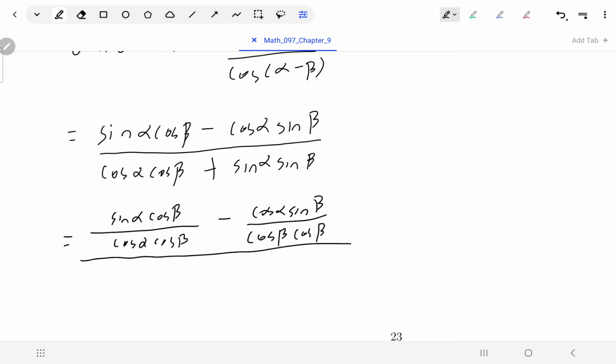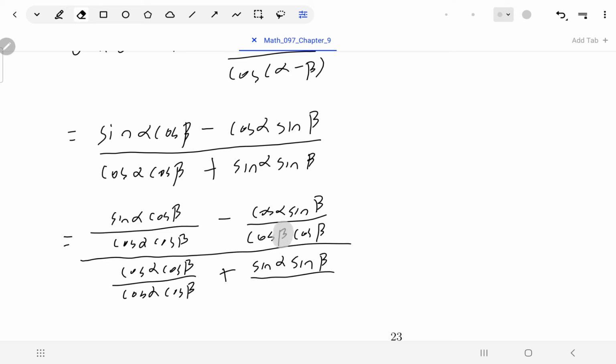And in the denominator, cos alpha cos beta, I'll divide that by cos alpha cos beta. And then the last term in the denominator, I've got sine alpha sine beta, and we'll divide that by cos alpha cos beta. Just realized I wrote cos beta twice here on that previous line. Let me just fix that.